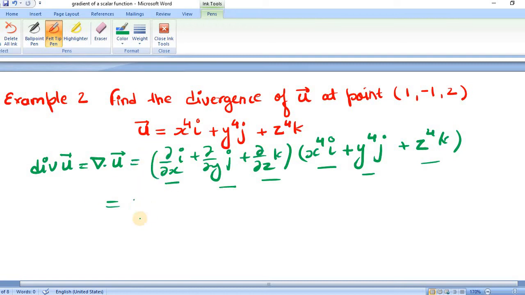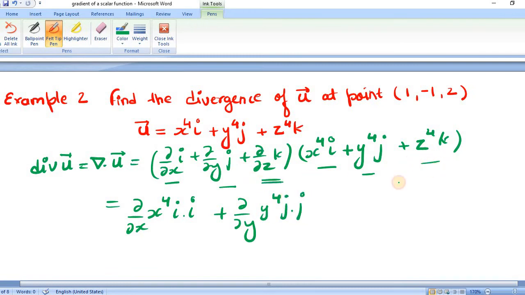So this is del upon del x, x to the power 4 i dot i. Then I'll be using del upon del y with y to the power 4 j dot j, and lastly this one with the last one. So plus del upon del z, z to the power 4 k dot k.